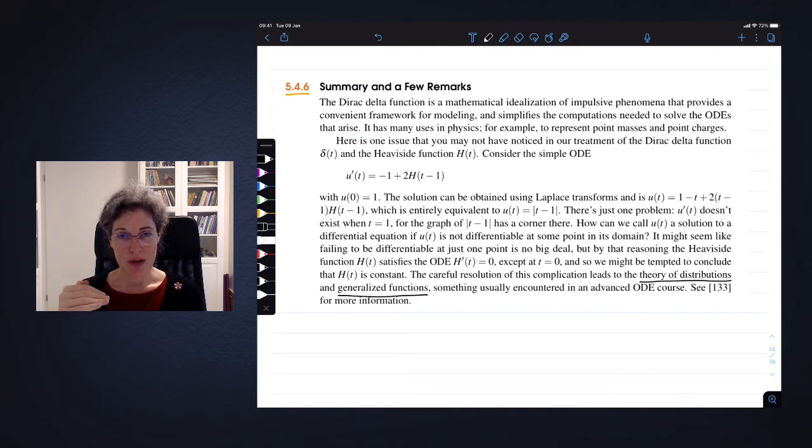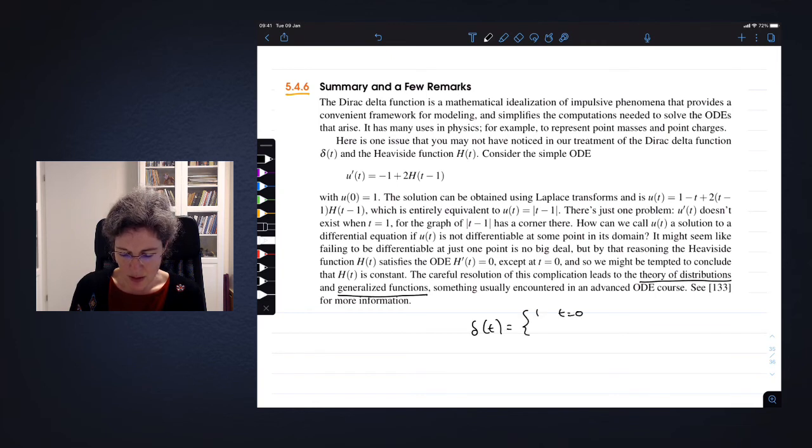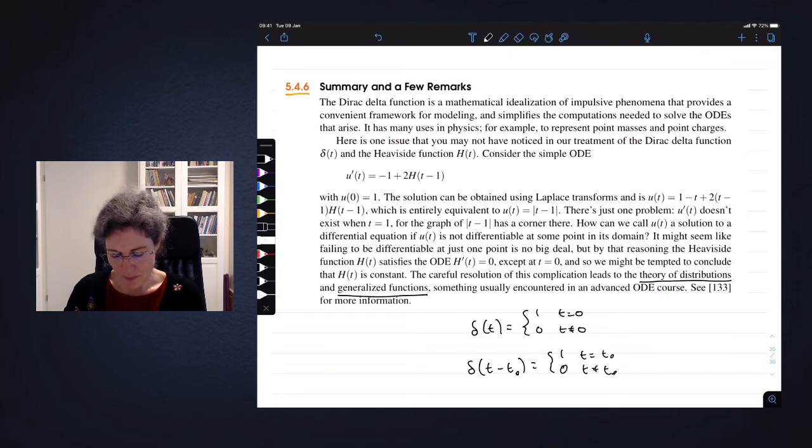You need to know the Dirac delta: the Dirac delta of t is equal to 1 if t is equal to 0, and 0 if t is not equal to 0. So that's a straightforward definition. Or the Dirac delta of t minus t0 is equal to 1 if t is equal to t0, 0 if t is not equal to t0.